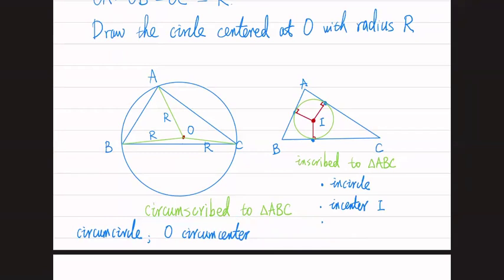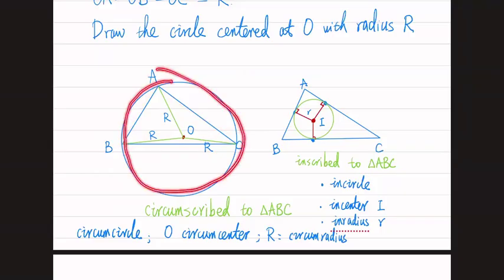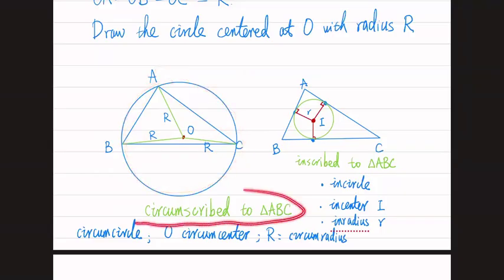And r is the inradius. So here, this capital R is the circumradius. Okay, we can compare the two circles of the same triangle. One contains all 3 points, circumscribed to the triangle: circumcircle, circumcenter, circumradius.